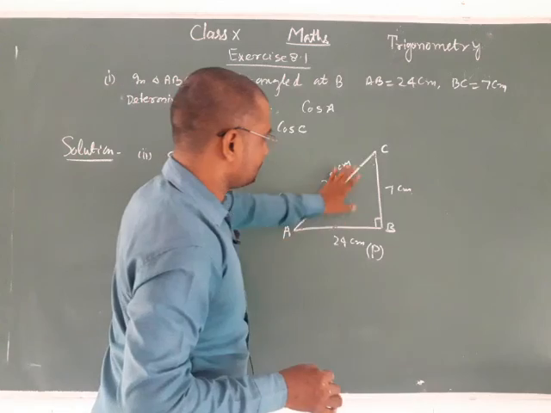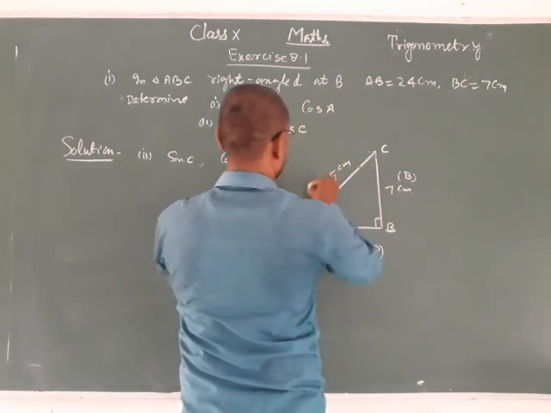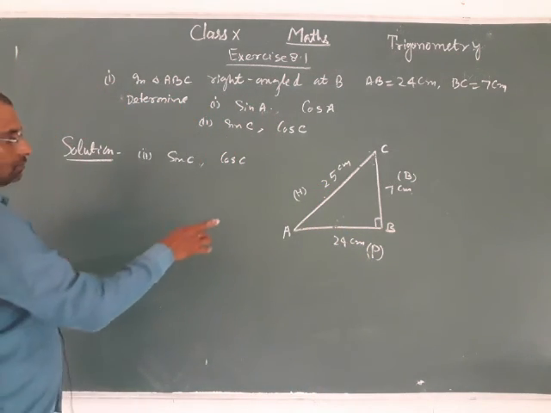So this is P, this is the base, and there is no change in the hypotenuse.